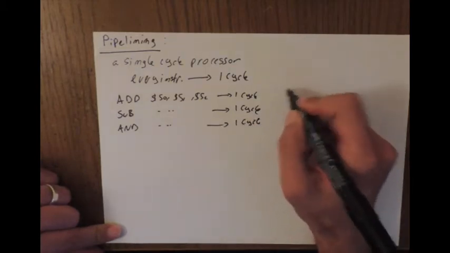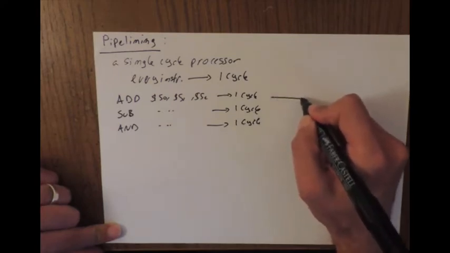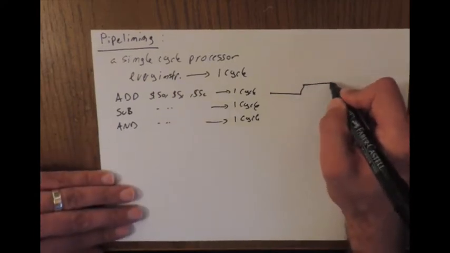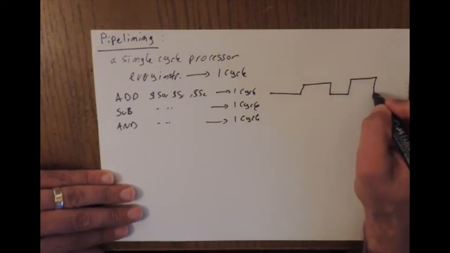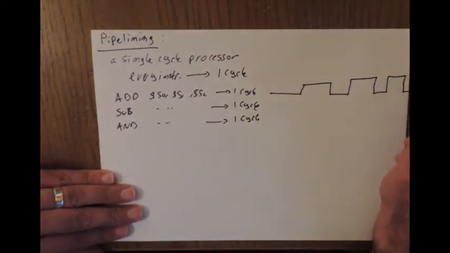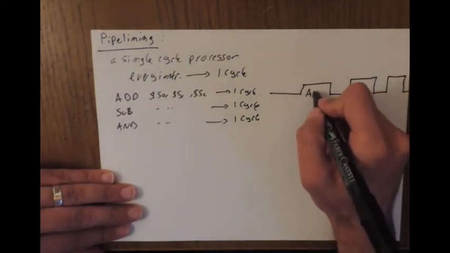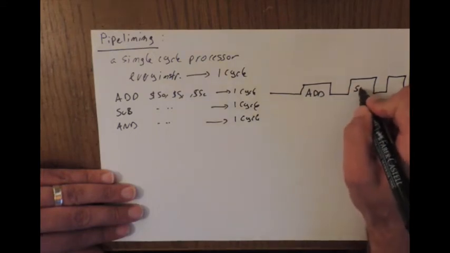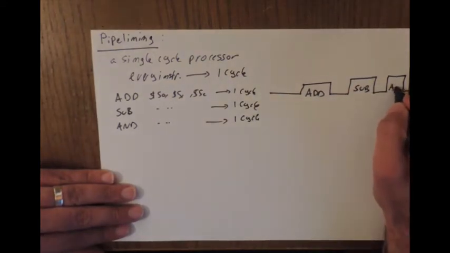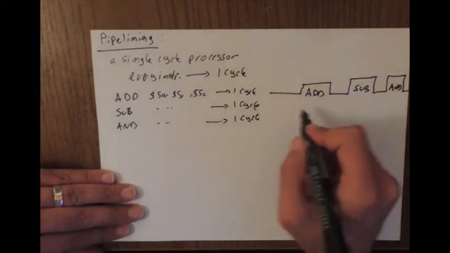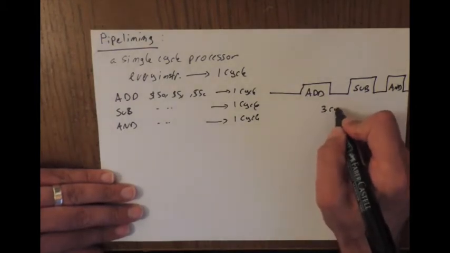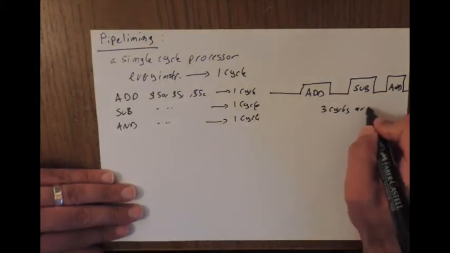So if we plot the clock cycle here, so here we have add, here we have sub, and here we have AND instructions. So a total of 3 cycles are needed.